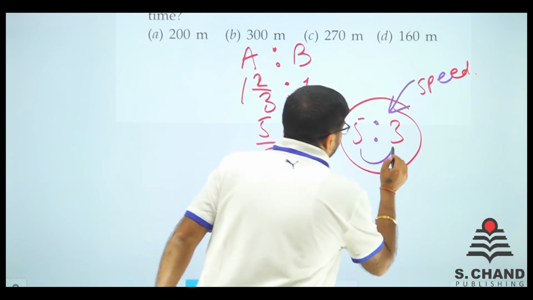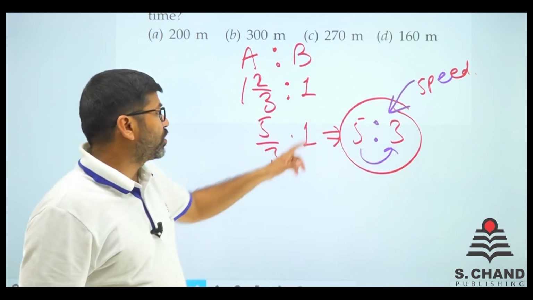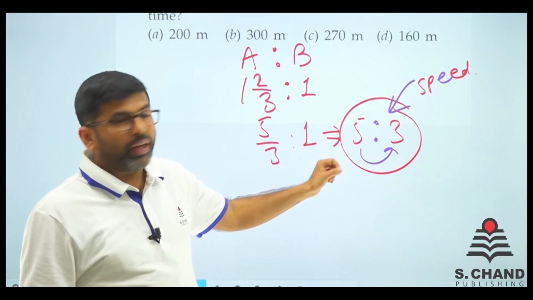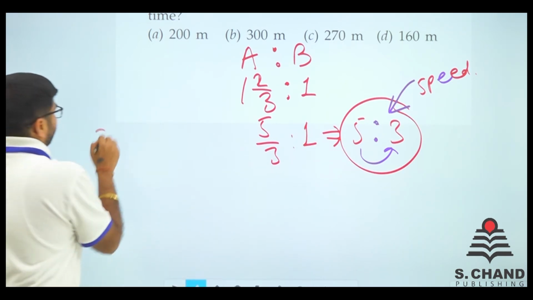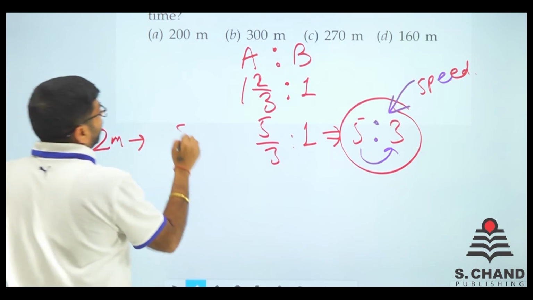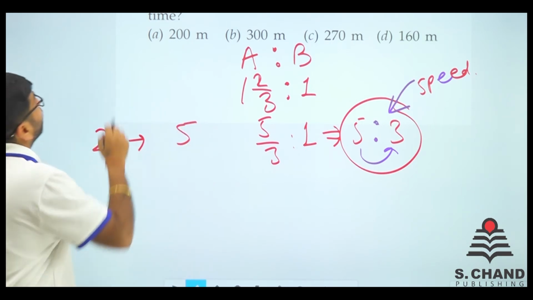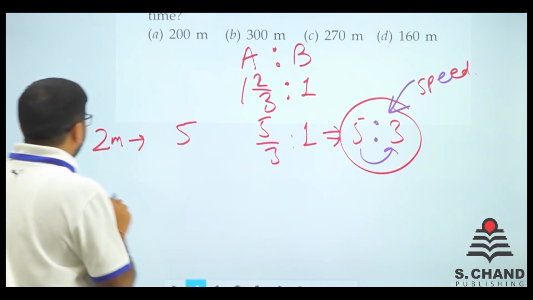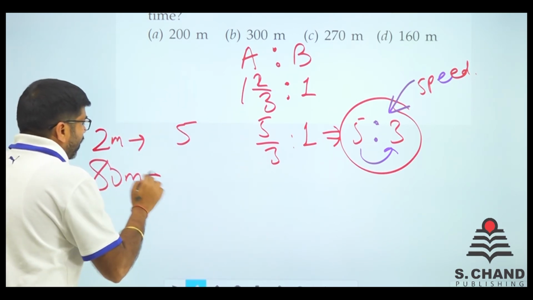If he gains 2 meter when he goes 5, right? When he goes 5, he gains 2 meter, right? So 2 meter when he goes 5. So B was ahead of 80 meters. So in 80 meters, how much?